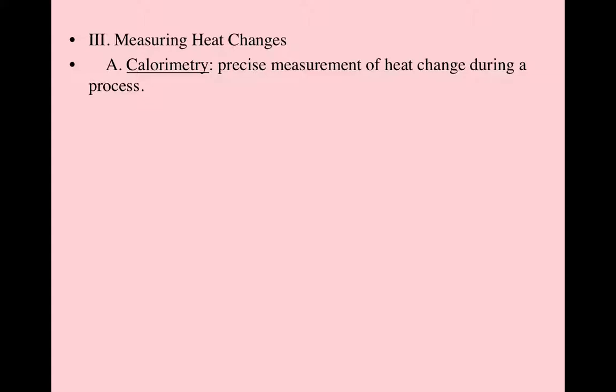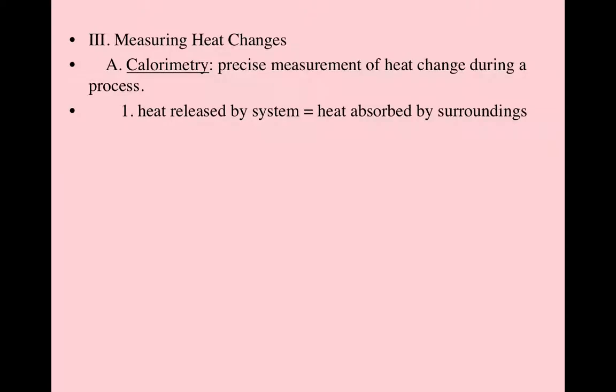So when we measure a heat change, that's called calorimetry, and it's a precise measurement of heat change during a process. Here's the central concept, the law of conservation of energy. It says that the heat released by a system has to equal the heat absorbed by the surroundings. And what that means is energy is conserved.